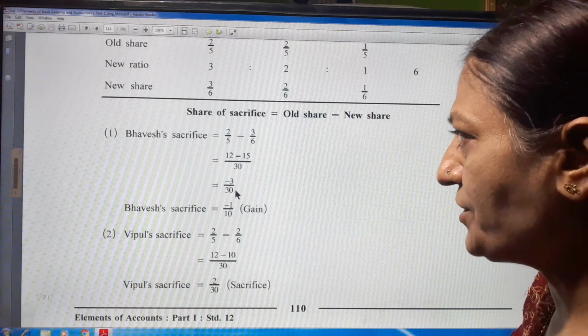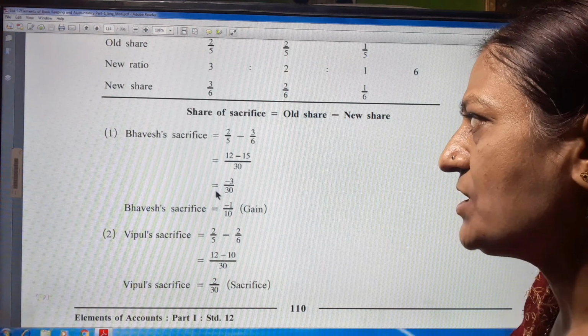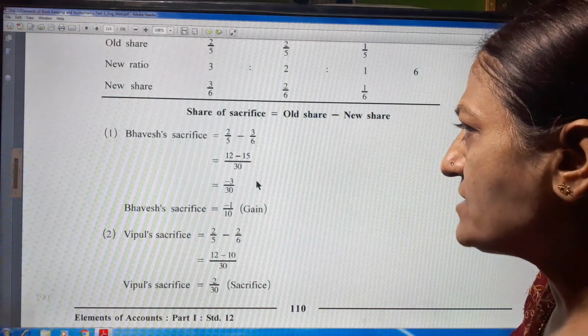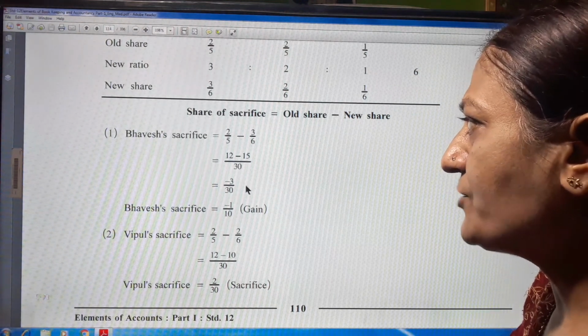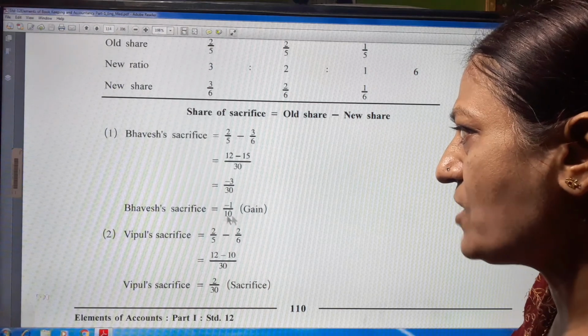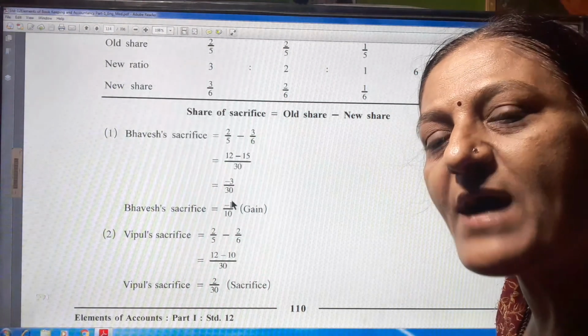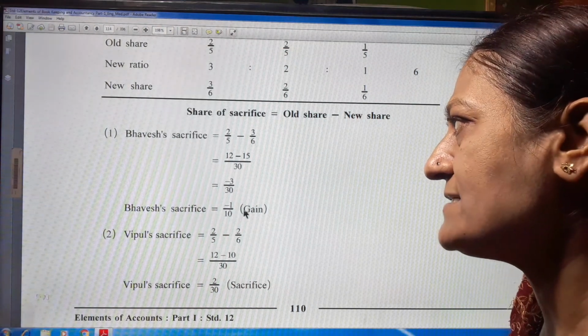Minus 3 upon 30. Now we reduce minus 3 upon 30: 3 ones are 3 and 3 tens are 30. 3 cancels, so we get minus 1 upon 10. And when there is a minus sign, then it is a gain. So Bhavesh's sacrifice is a gain.